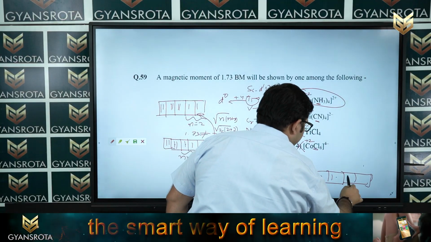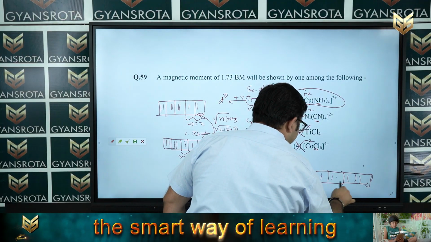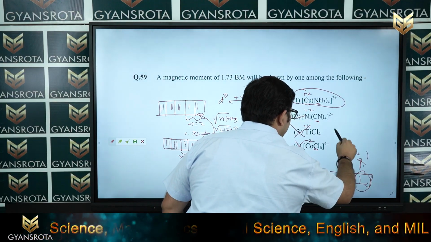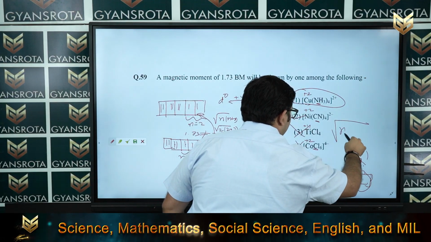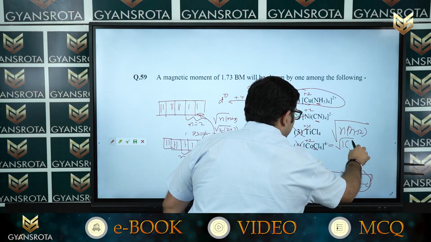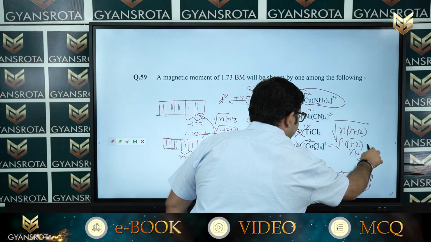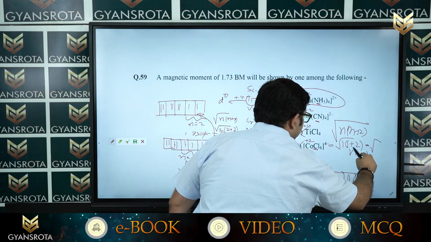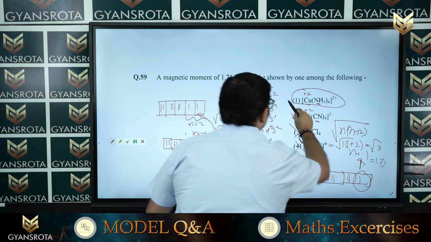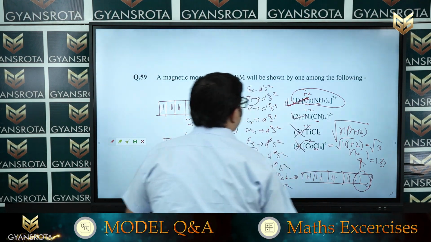So, no pairing, 1, 2, 3, 4, 5, 6, 7, 8, 9. So, only one unpaired electron will be there. So, n is equal to 1. Now, Bohr magneton, root of n into n plus 2, means 1 into 1 plus 2, that comes to 3, and root 3 value is 1.73. So, your option number 1 is the correct answer.